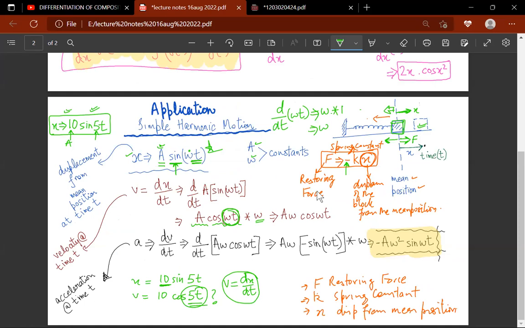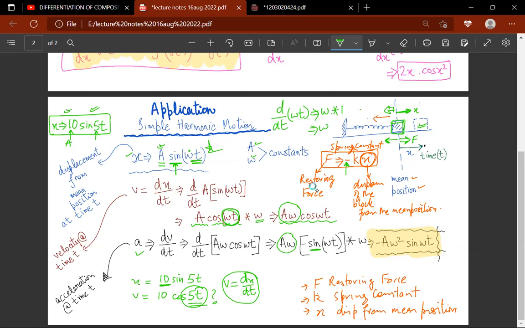So if you see, this acceleration function is the differential, dv by dt. I have my velocity function this. Here if you see, this a and omega are both constants, and that is why this a and omega are waiting out. And the differential of cos omega t is minus sine omega t.